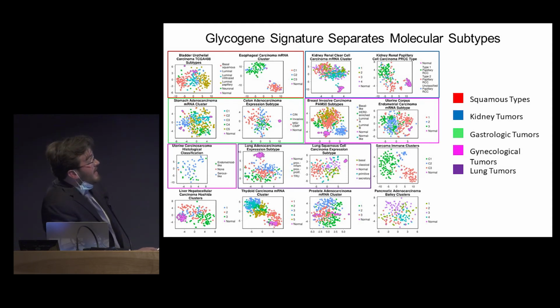If you take the glycogene transcriptome, as was done in the previous slide, and embed them in a two-dimensional space for individual cancers, you can see that there's some prognostic value here. They are separating based on these subtypes as well. So this means even in molecular subtypes of cancer, there could be different glycans distinguishing these things. That's really important to know.